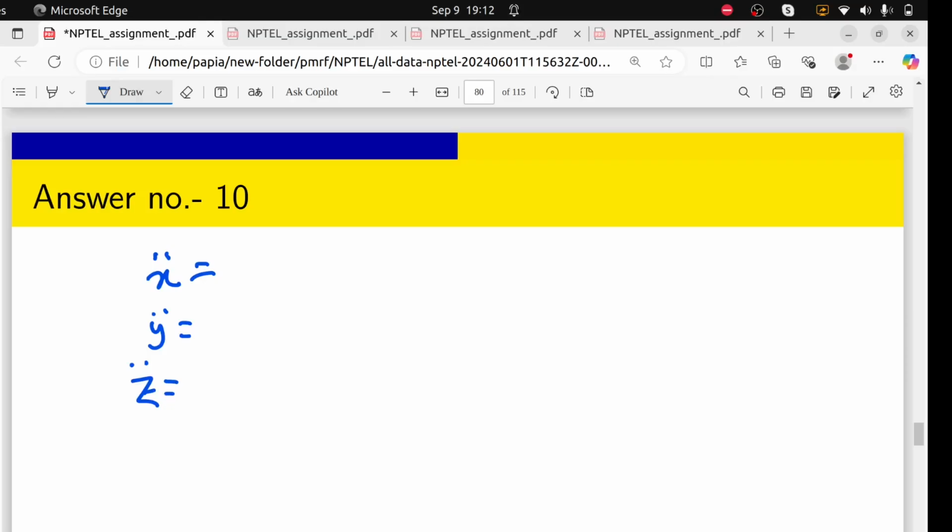and I'm just going to write this expression because it's already derived by sir very clearly. So I'm going to write the expression only here. This is this one.